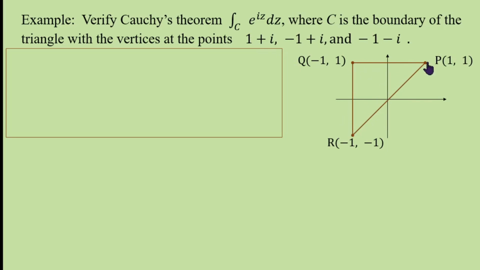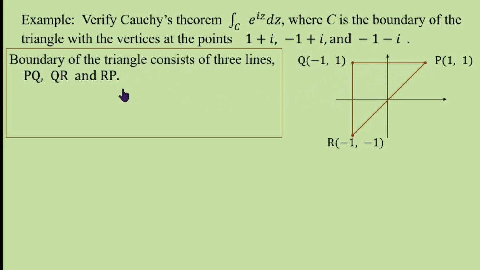Now since it is a closed curve, integral over C of e power iz dz is nothing but integral over C1 plus integral over C2 plus integral over C3. Now C1 is nothing but P to Q. Here y is 1, the equation of PQ is y equal to 1, and the equation of QR is x equal to minus 1, x is constant here, and the equation of PR or RP is x equal to y.